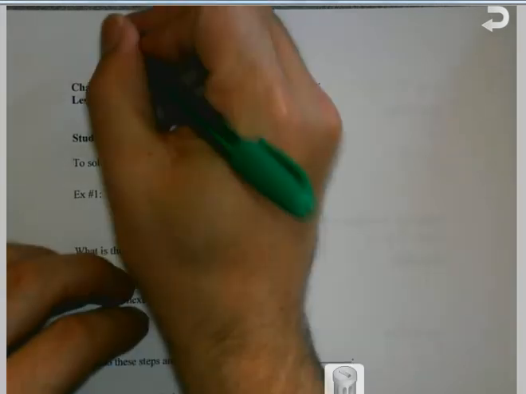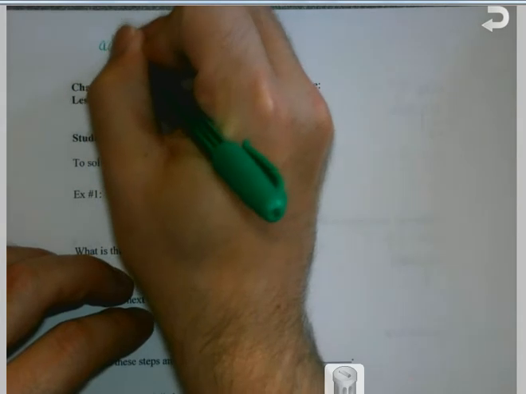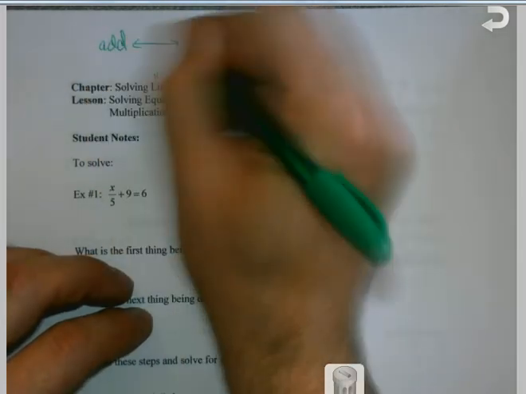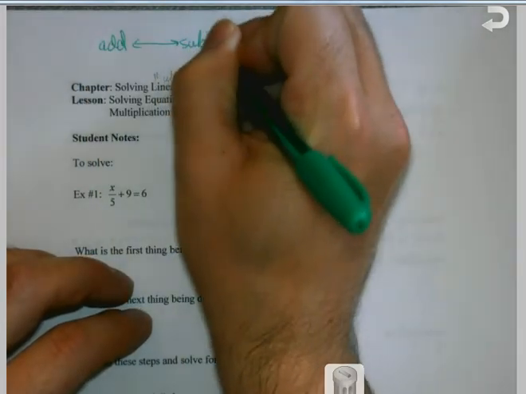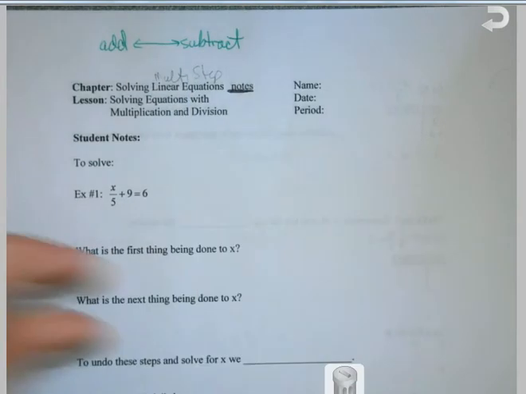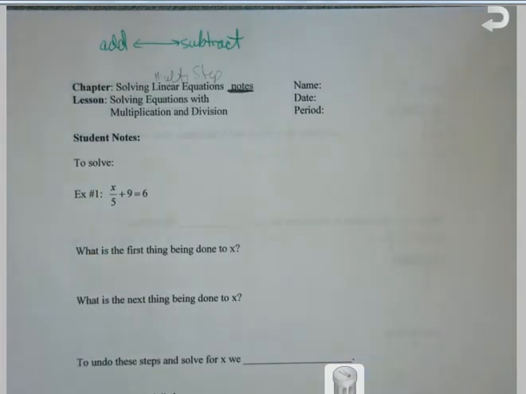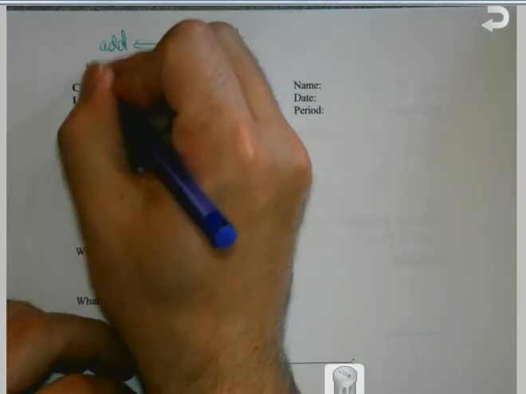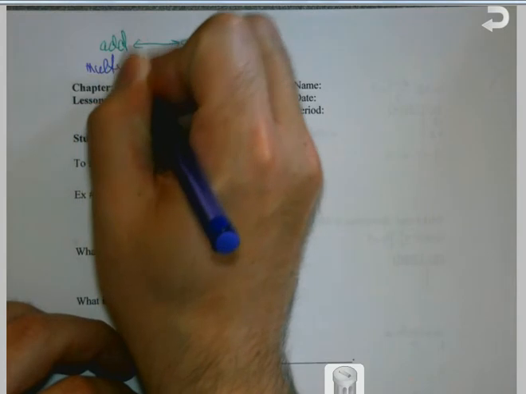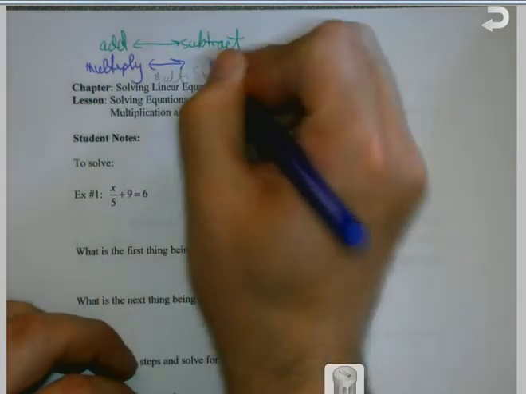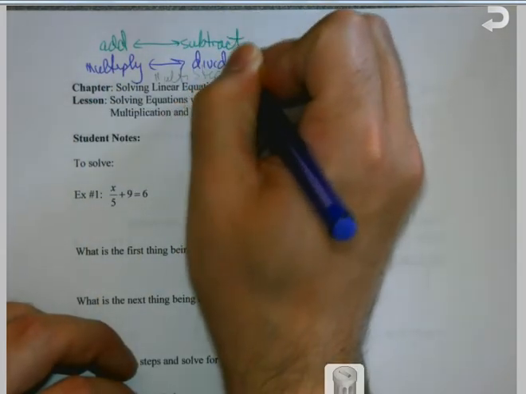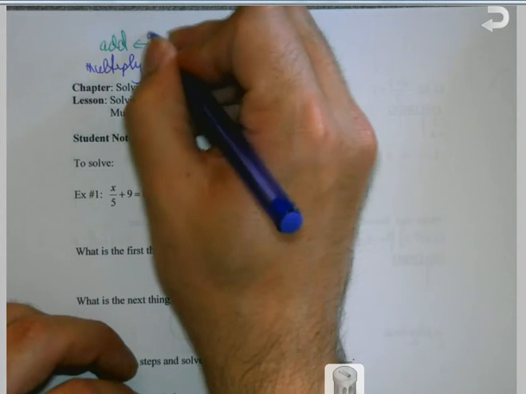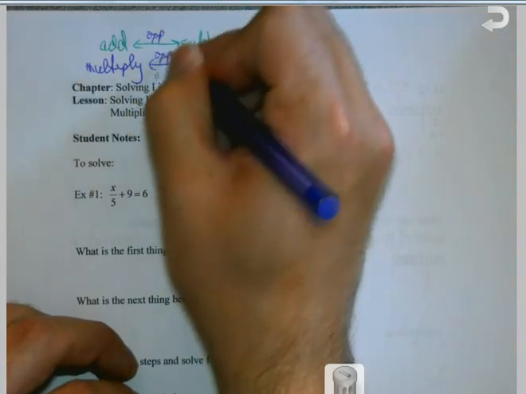So just a reminder, when you're doing any of these problems, we just need to know a couple things. We need to know add and subtract are opposites, and that multiply and divide are opposites, okay? They're opposites or they undo each other.